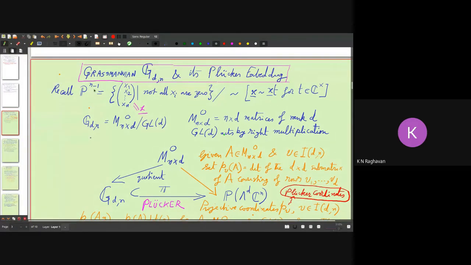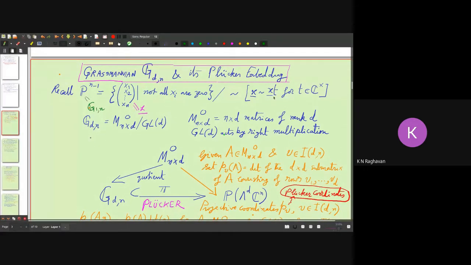So let us think of the familiar case, P^(n-1), which is nothing but, can you see this if I'm writing this? Yes. Okay. This, as we saw, was G_{1,n}. And as we know, one way to get P^(n-1) is to take a non-zero n-tuple, such that not all the xi are zero, and identify two of them if they differ by a scalar multiple.